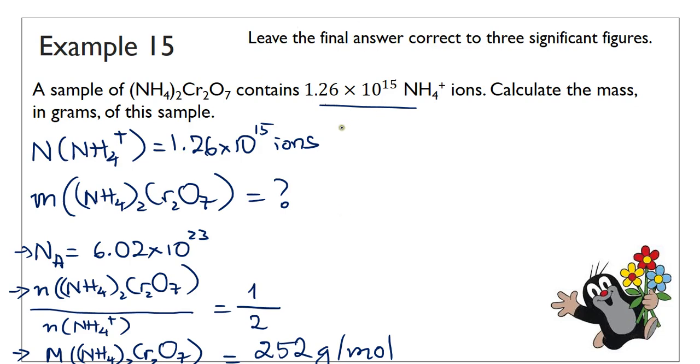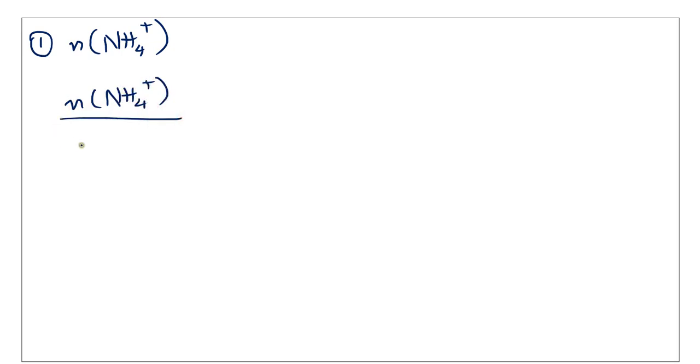So because this is our starting point, I'm going to start by converting the number of particles, or the number of ions in this case, to number of moles. So my step 1 is finding the number of mole of NH4 plus. So the number of mole of NH4 plus over the number of particles, which was 1.26 times 10 to the 15, is going to be the same as 1 mole over 6.02 times 10 to the 23.